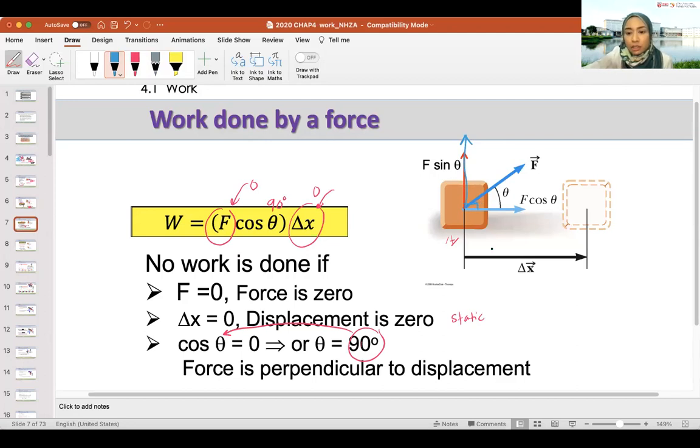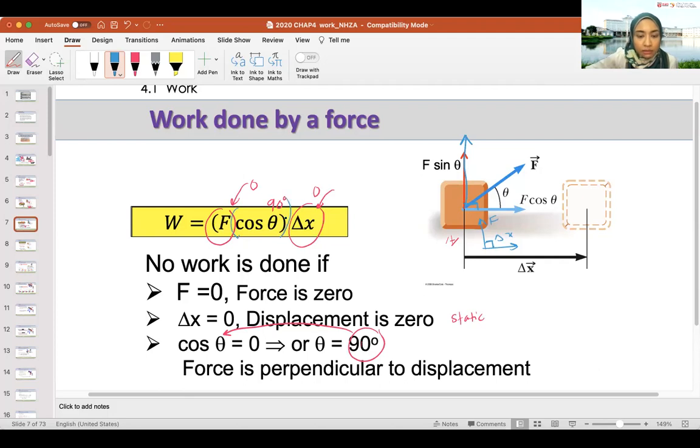Like this: if the displacement is to here, and you give me a force like this, then it is going to be 0, because cosine of 90 is 0. So perpendicular forces will not give us work done. Okay.